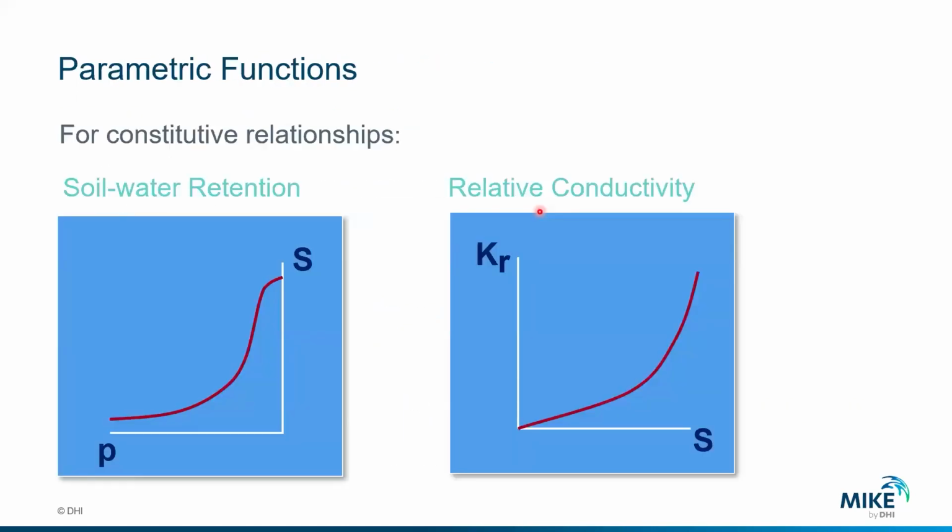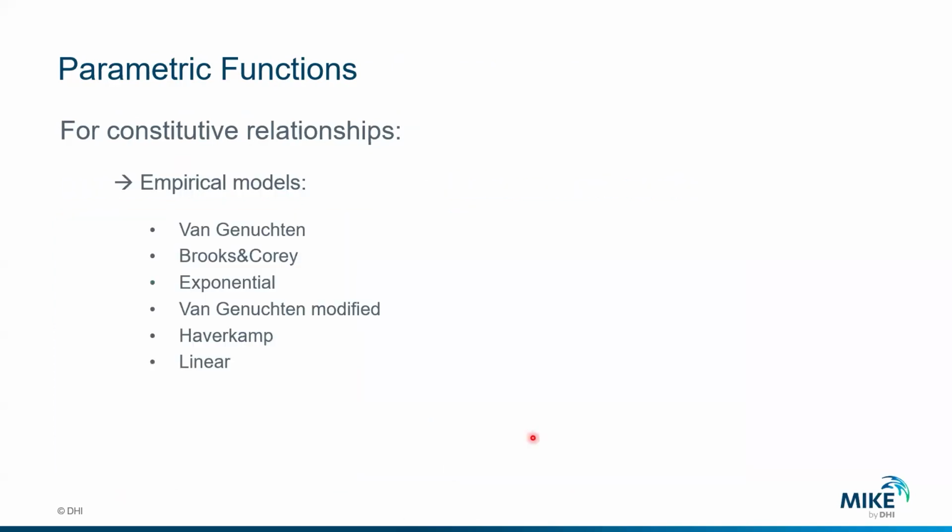You need to have some parameters to indicate this relationship. We need two relationships. One is the soil water retention curve, so the relation between saturation and pressure. Negative pressure means the reduction of the saturation. Reduction of the saturation means reduction of the relative conductivity. These functions are derived using empirical models.